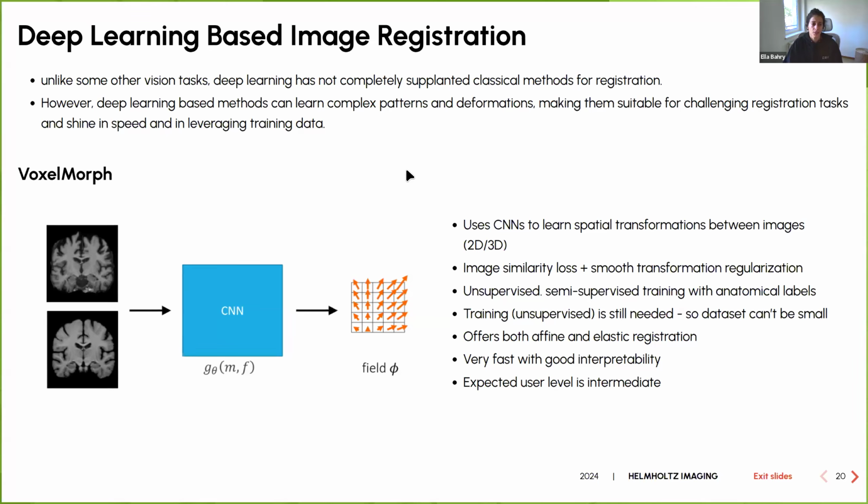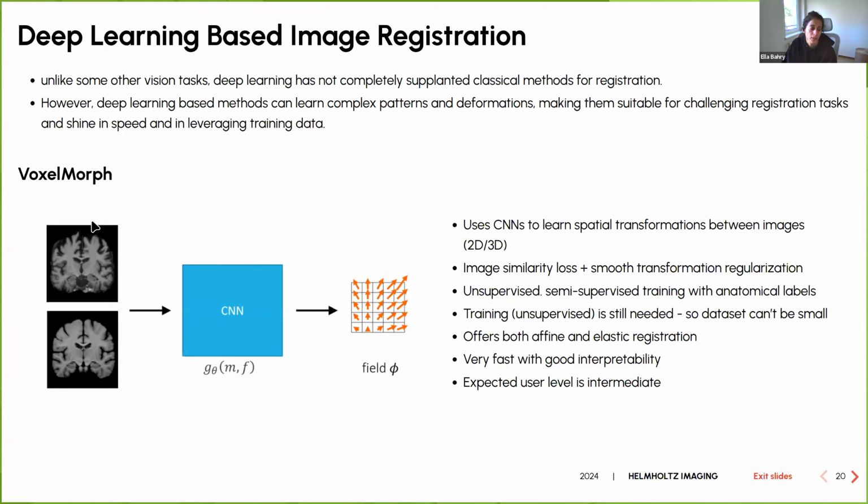But deep learning approaches do have the advantage that usually they're very, very fast, maybe not necessarily to train, but to predict on your image the deformations that are needed. And they're many times very good for very complex registration needs because they can find local deformations in your images very well.